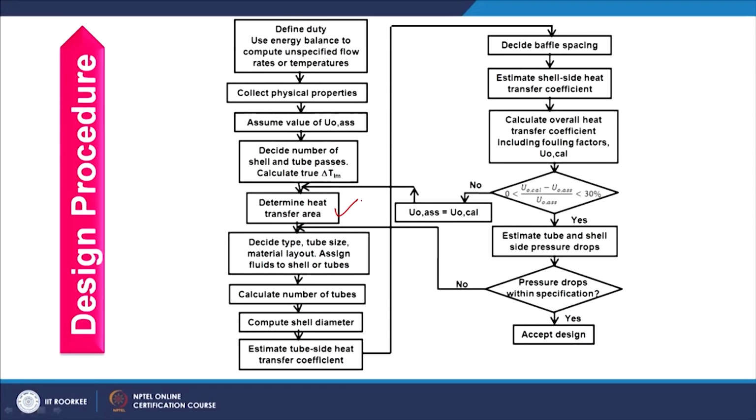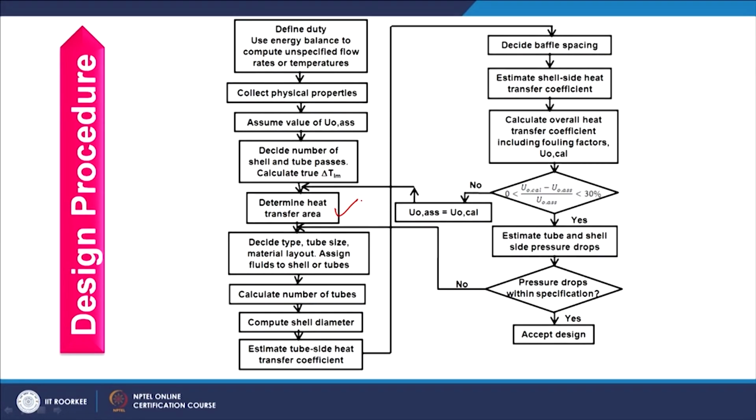Once you have 1 shell and 2 tube passes, you will find the FT correction factor, and then you can calculate the true LMTD. And once you have the overall heat transfer coefficient, which is obviously the assumed value, the heat duty and the true LMTD, you can simply calculate the heat transfer area.